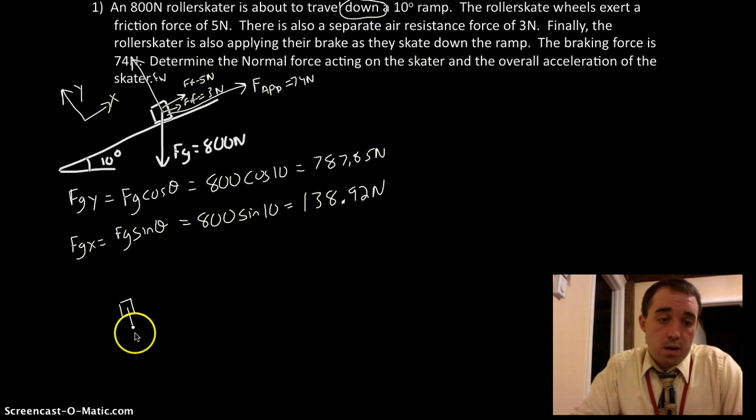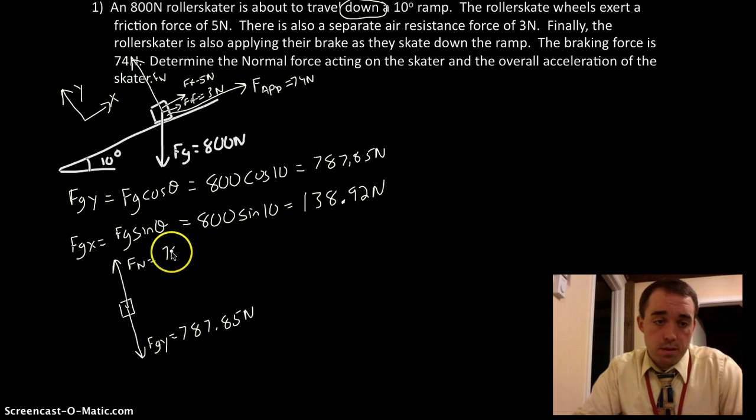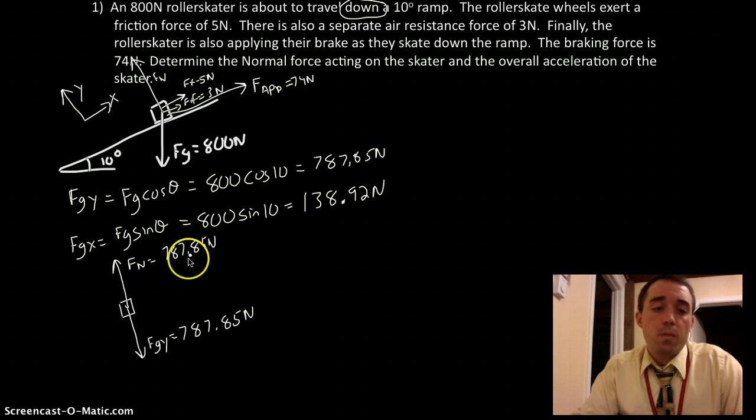So we broke our gravitational force into an FGY of 787.85 newtons. And on a ramp, that's always going to equal the normal force. So we found the normal force, 787.85 newtons.